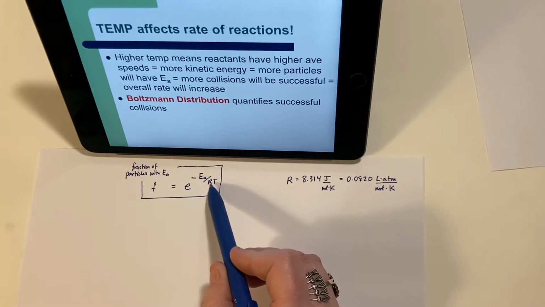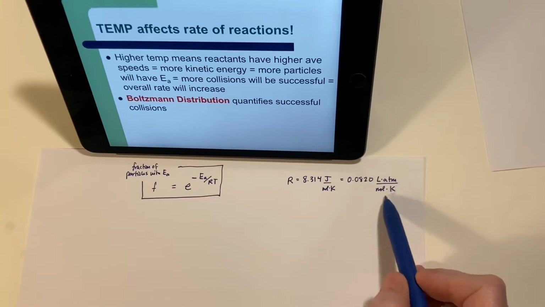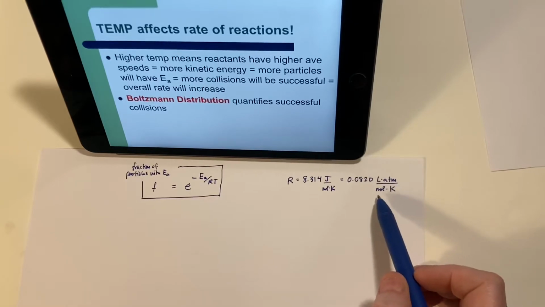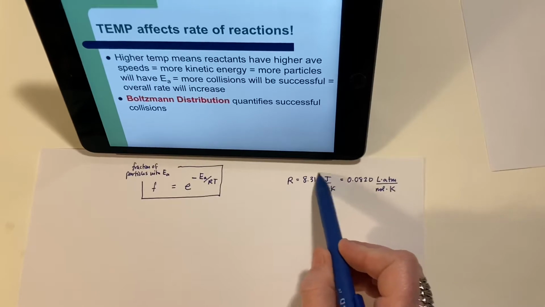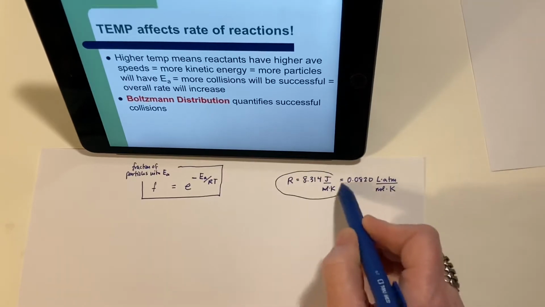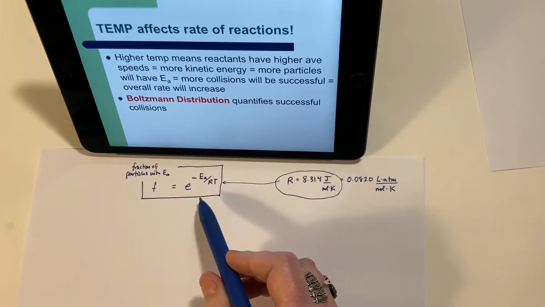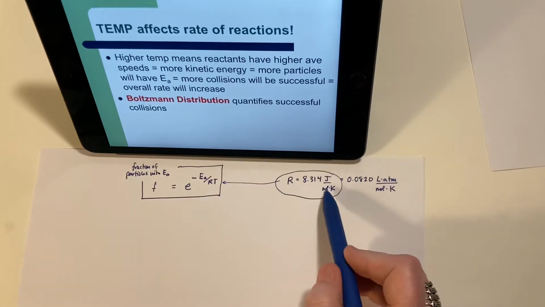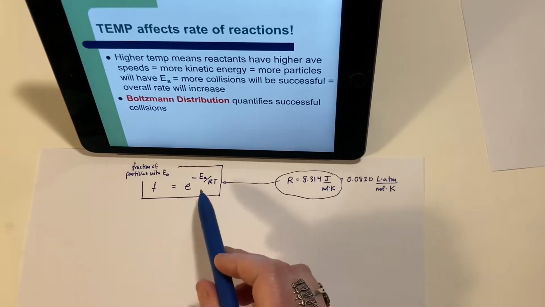R is the gas constant. Now we know the gas constant over here in units of liter atmospheres per mole Kelvin. When we talk about energy, we have to convert liter atmospheres to joules. So this is the R value we would like to use in this Boltzmann equation: 8.314 joules per mole Kelvin. Okay, so that's the Boltzmann distribution.